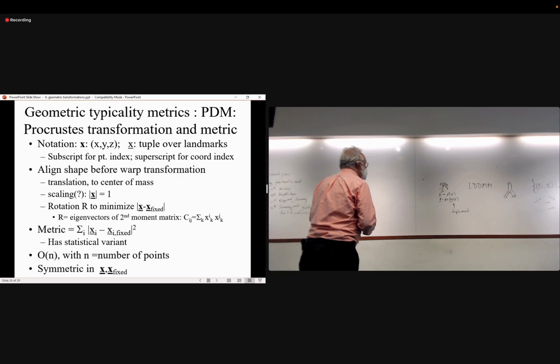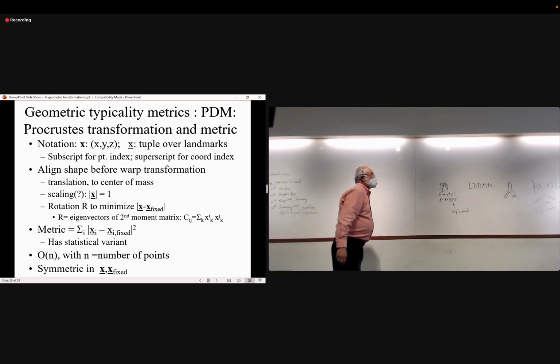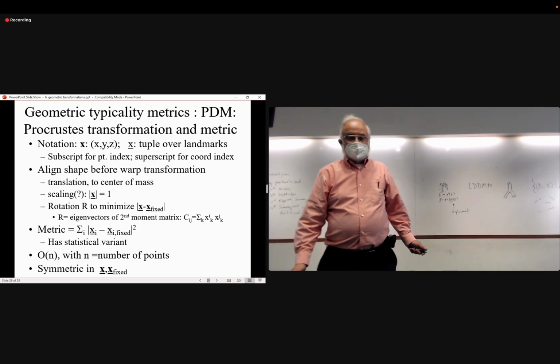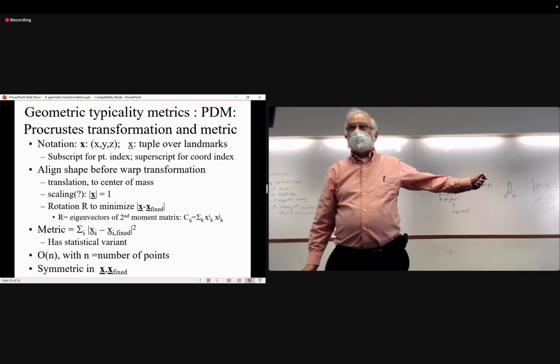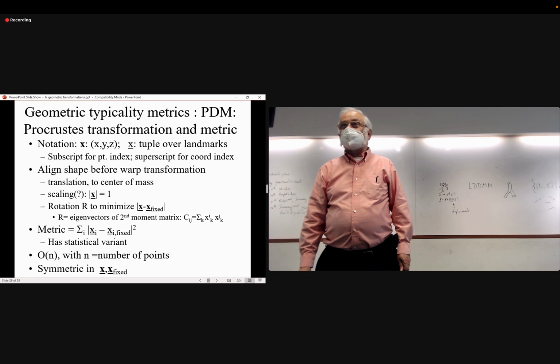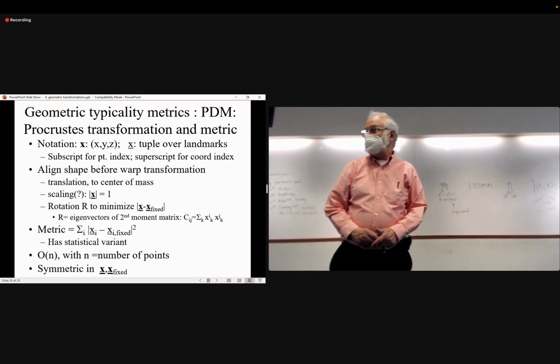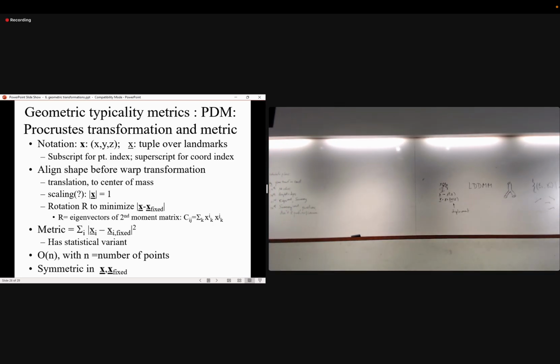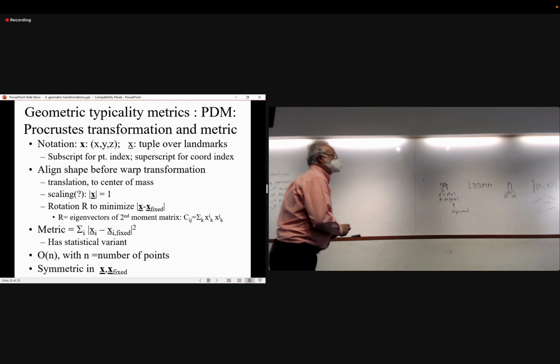Okay, and the similarity transformation that we want on landmarks is called the Procrustes transformation. Procrustes was in Greek literature, and it was a guy that was put on a bed, and he had to fit that bed, and so they deformed him to fit the bed. So that's where the name comes from.